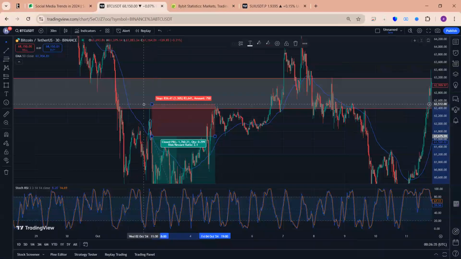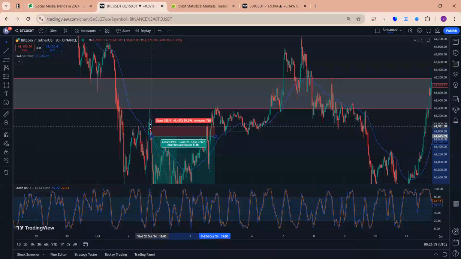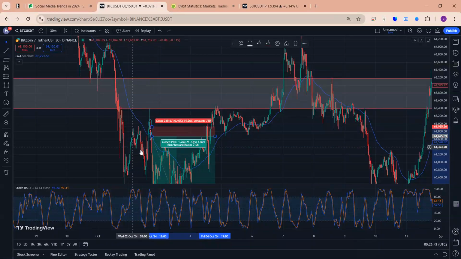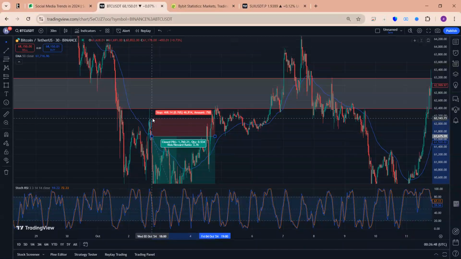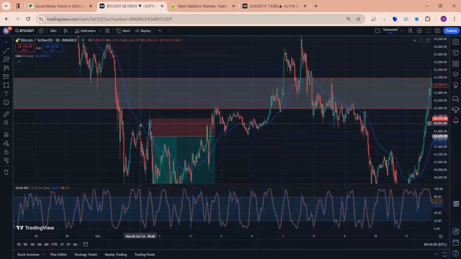But if you want a very tight stop loss, we are entering around this level, so just make sure your stop loss is here, because we are using our EMA. So there is a very tight stop loss between this place and this place.